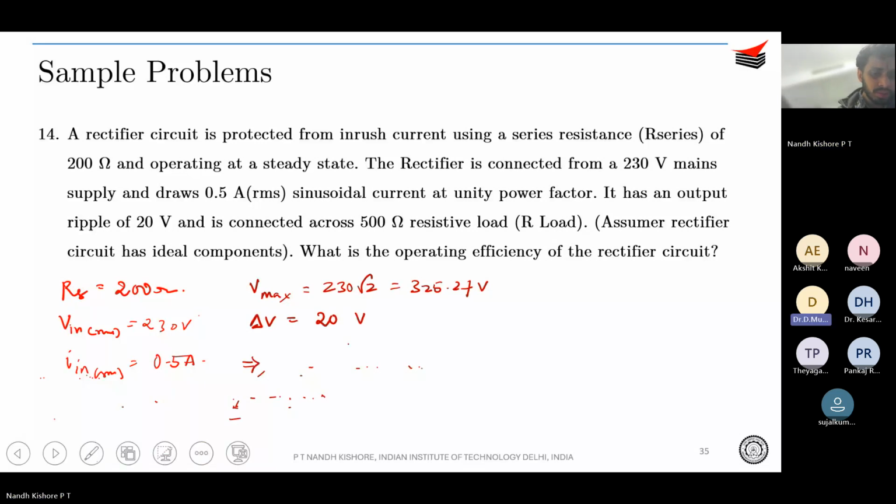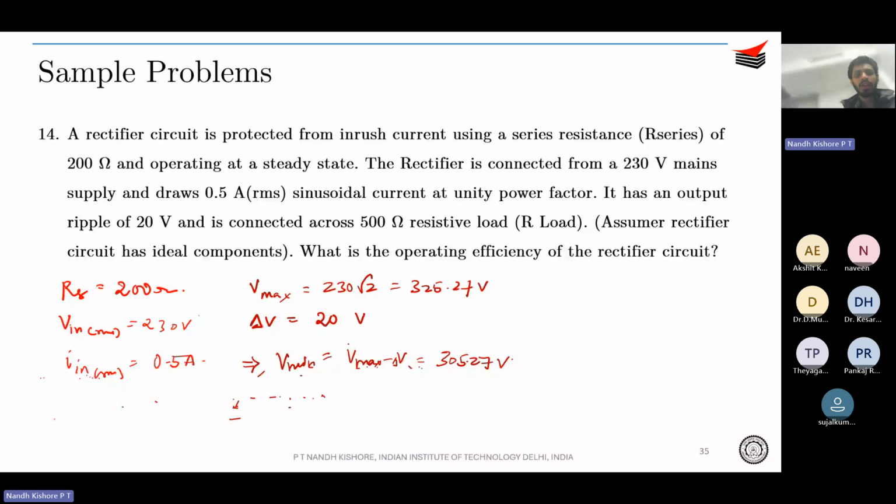Therefore, your V min is V max minus delta V, which is 305.27 volts. It is connected across a 500 ohm resistive load, so R is 500 ohms. What is the operating efficiency of the rectifier circuit?